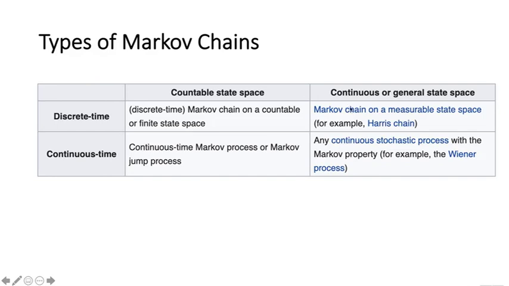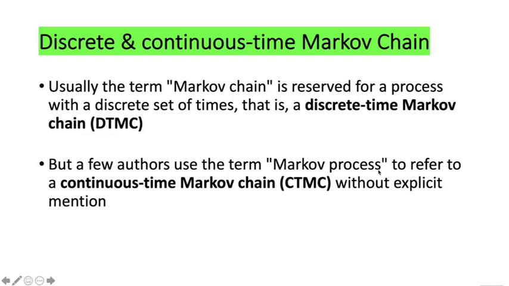And this is a continuous or general state space. We call it a Markov chain on a measurable state space, but this one is for continuous. They call it a continuous stochastic process with the Markov property. This is very, very complex. So, discrete and continuous time Markov chains.